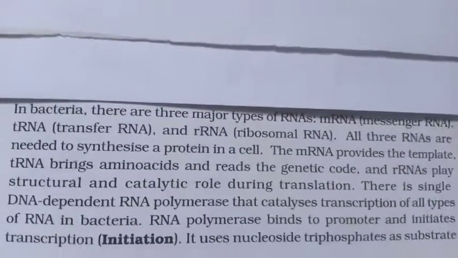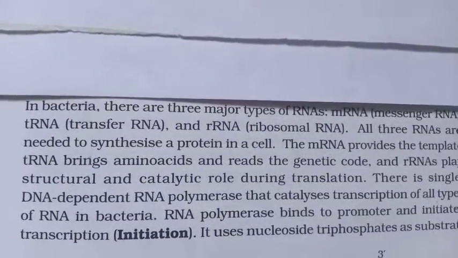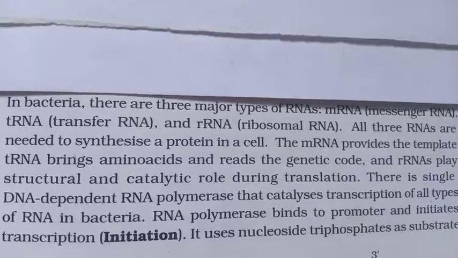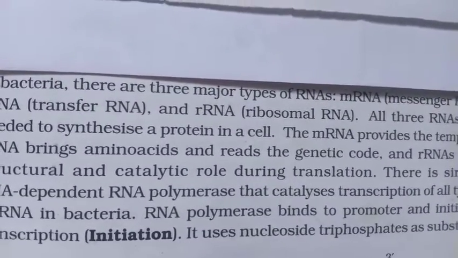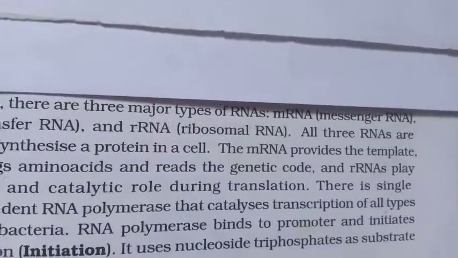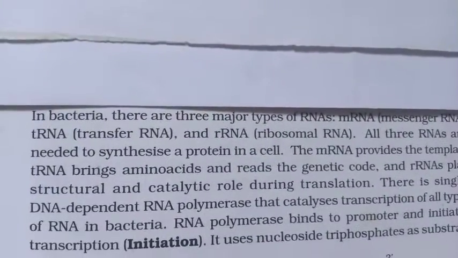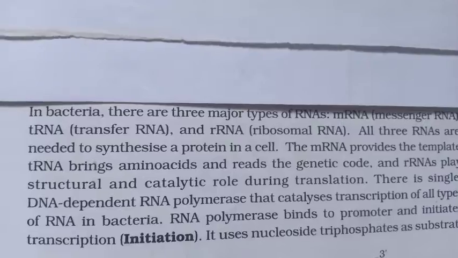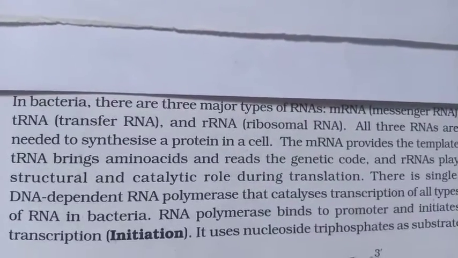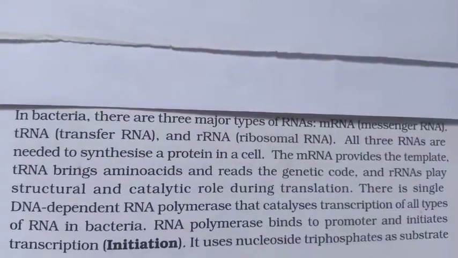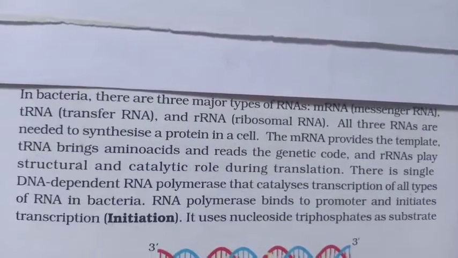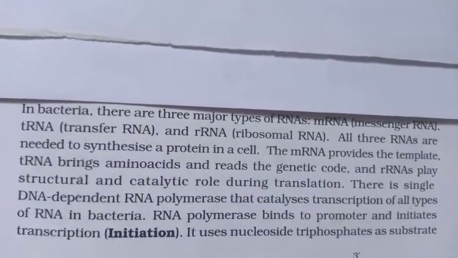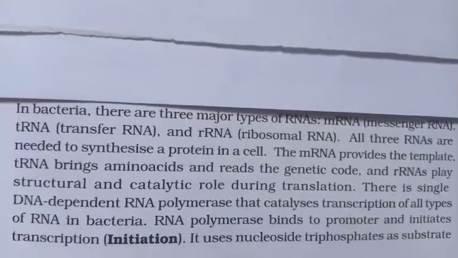All three RNAs are needed to synthesize a protein in a cell. The messenger RNA provides the template, transfer RNA brings amino acids and reads the genetic code, and the rRNA plays a structural and catalytic role during translation.